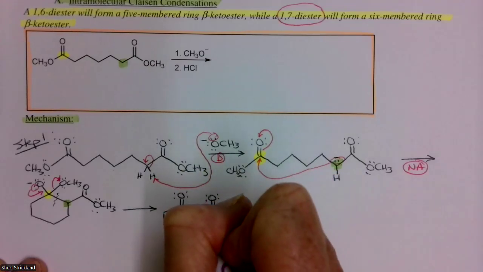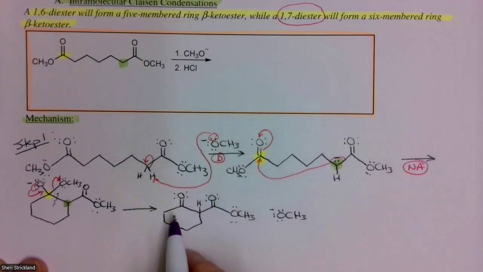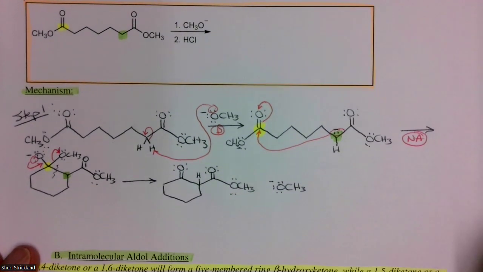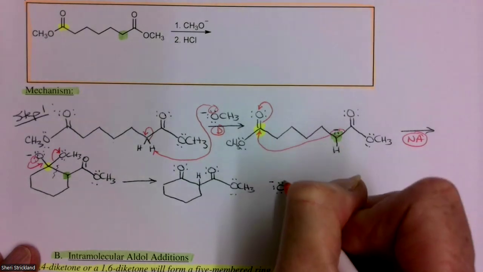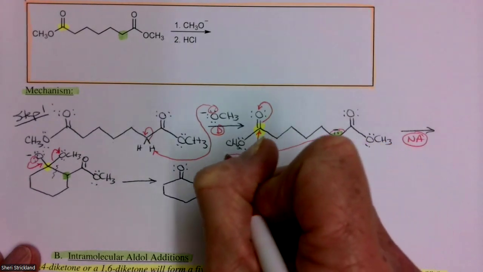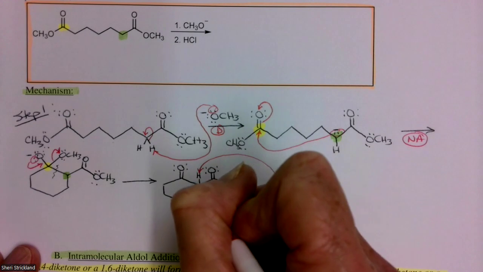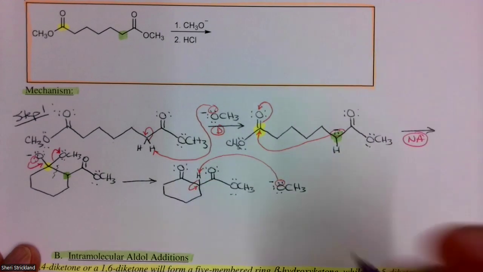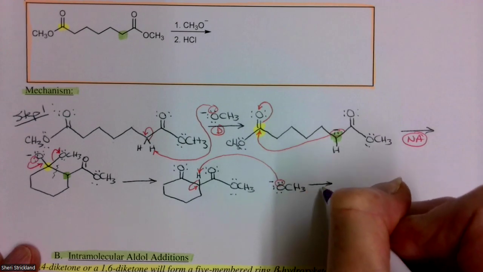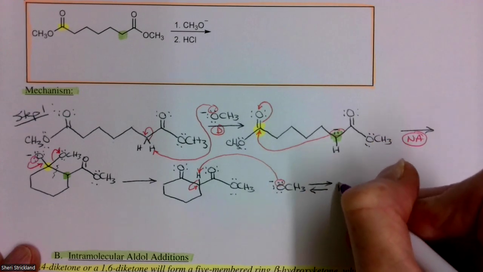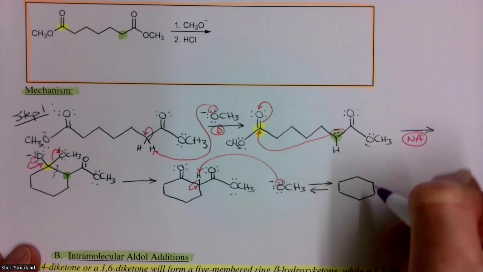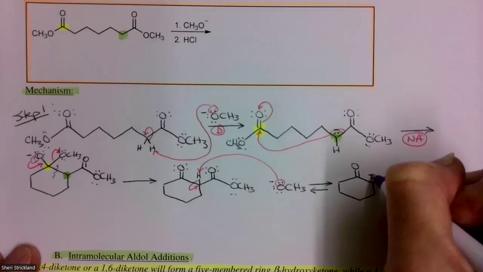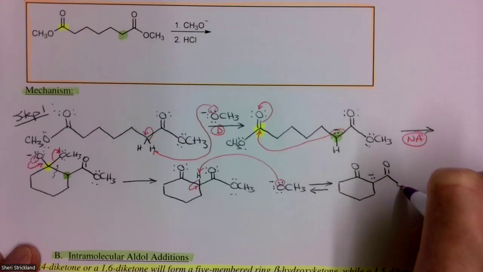But since this place right here between those two carbonyls is pretty acidic, we can do an acid-base reaction, and we at least need to check and see whether the equilibrium would prefer the products of this acid-base reaction. All right, so that would give us the anion right here and methanol.